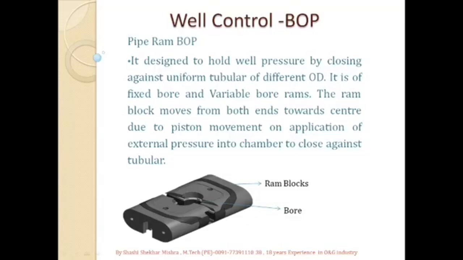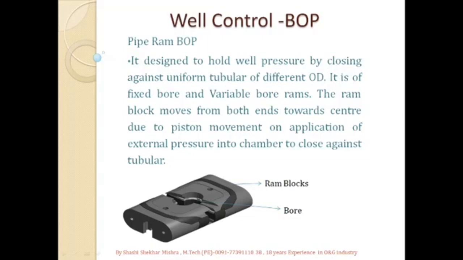Variable bore ram preventer is designed for more than one size of bore. It comes in a range. Suppose the VBR ram is of bore 5 to 2 7/8 inch, then it can seal this range of pipe only.